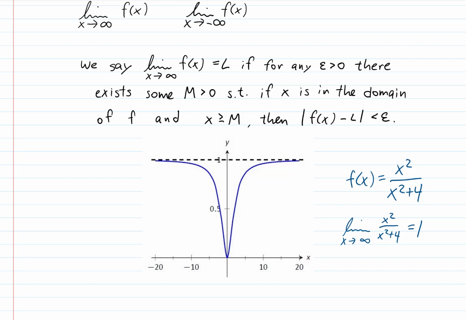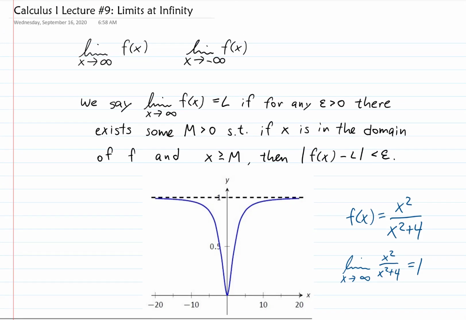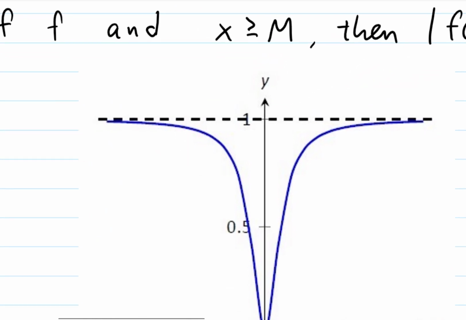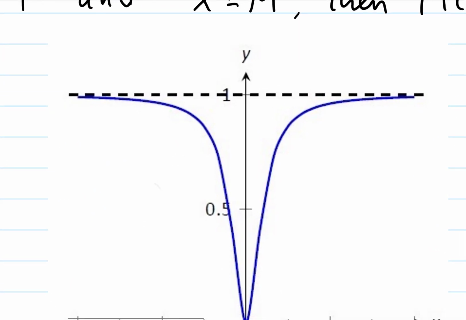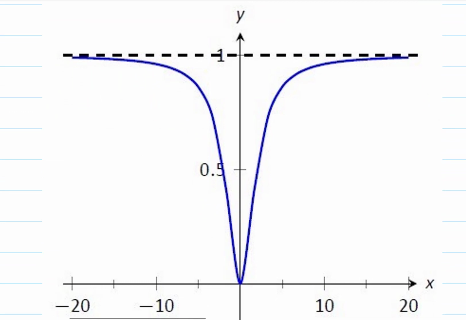Okay, so what we're saying is that if you take a margin of error around 1, I'm going to zoom way in on that, because I want to make this small, but I want you to still be able to see it. So if you take a margin of error around 1, and that margin of error is of size epsilon in either direction.